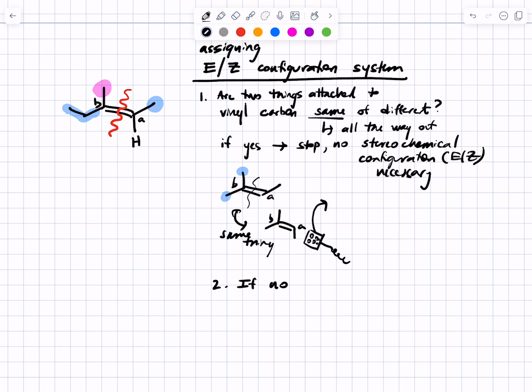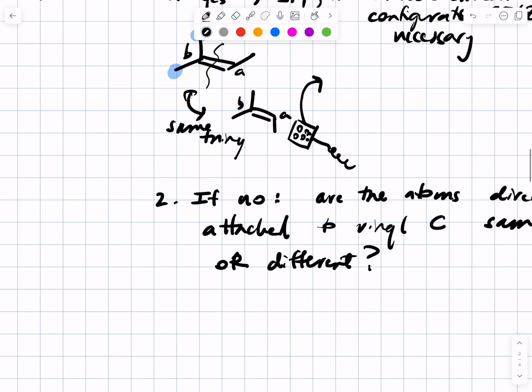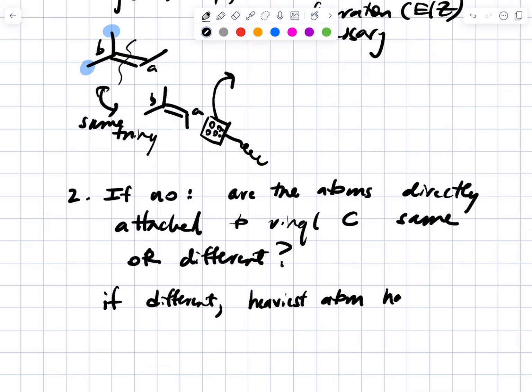If no, the second question you ask is, are the atoms directly attached to the vinyl carbon the same or different? If different, the heaviest atom has priority level number 1.